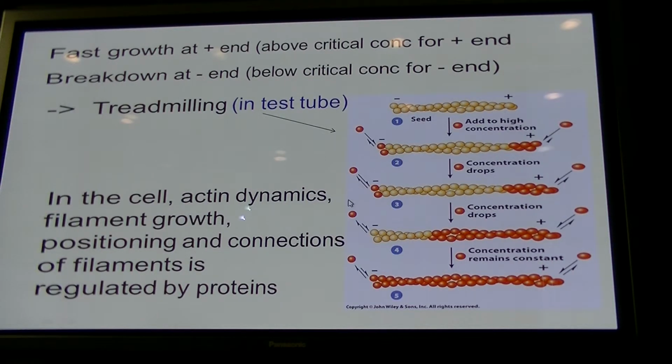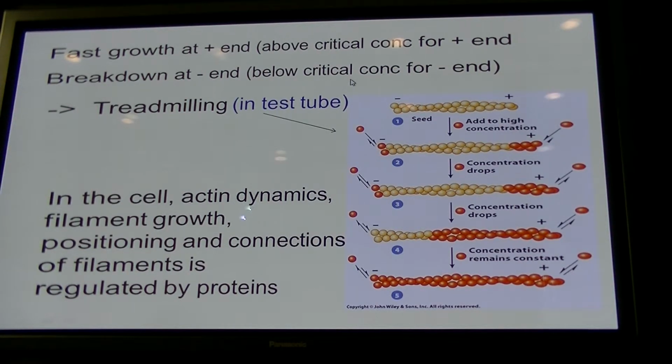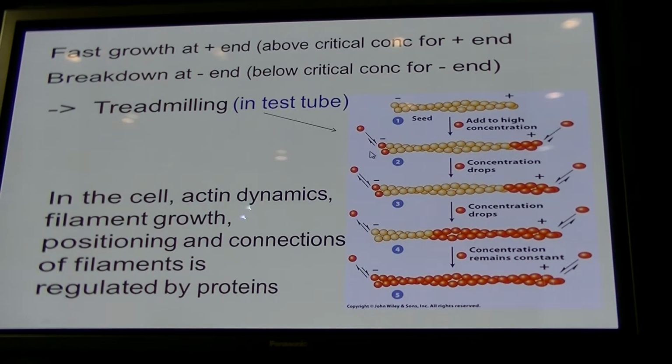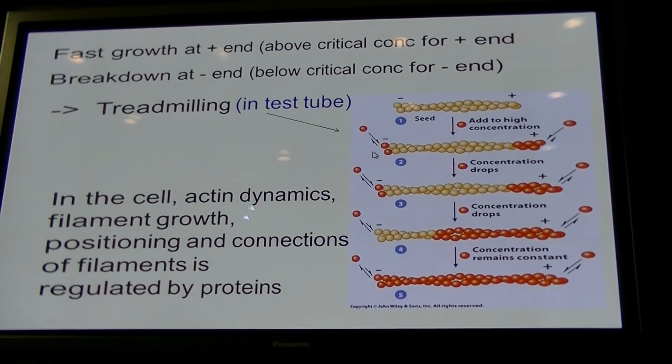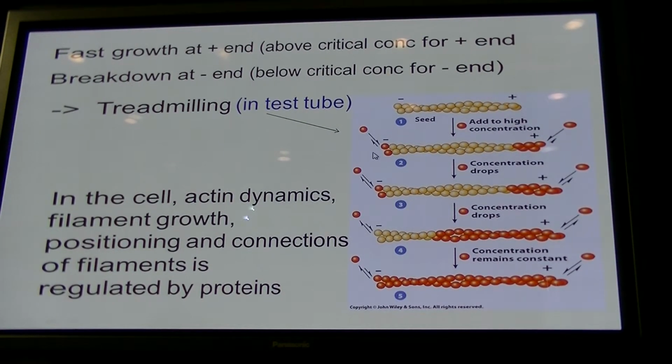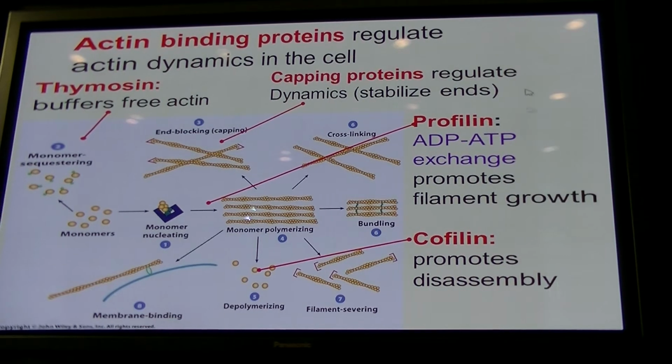Okay. Now, in the cell, how an actin filament grows is going to be controlled by proteins that bind here and there at the plus and minus end, and by proteins that control ATP incorporation into monomeric actin. So in a cell, there's a lot that happens to control how the actin cytoskeleton forms.